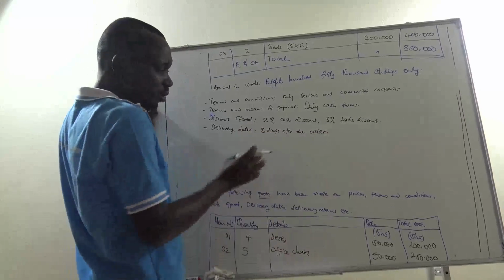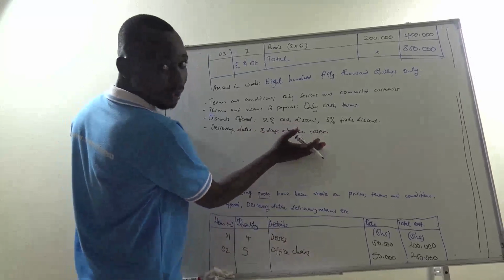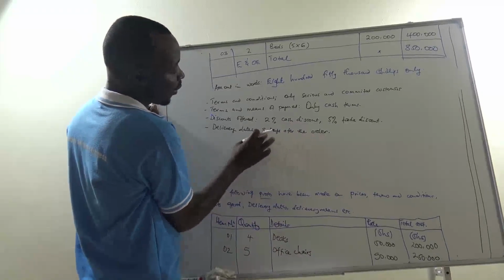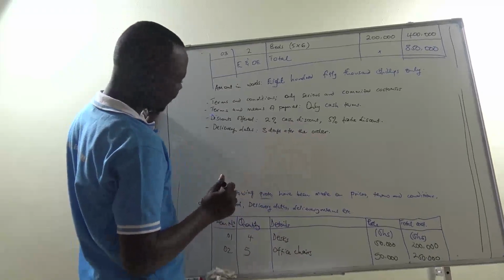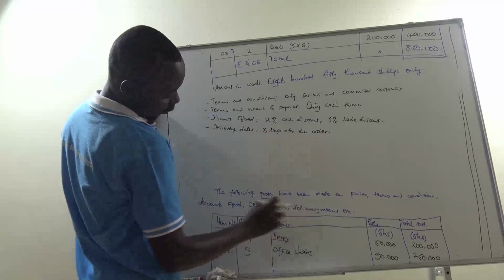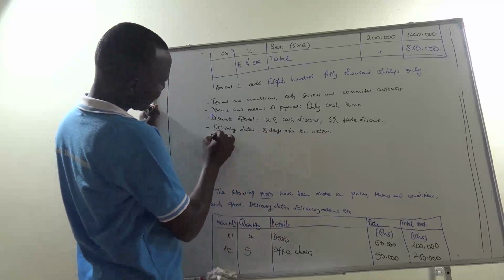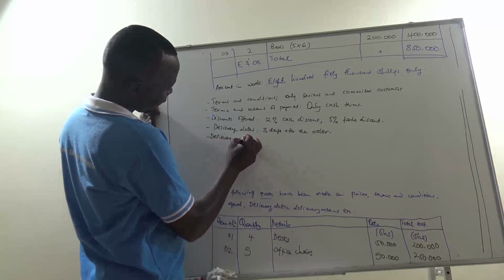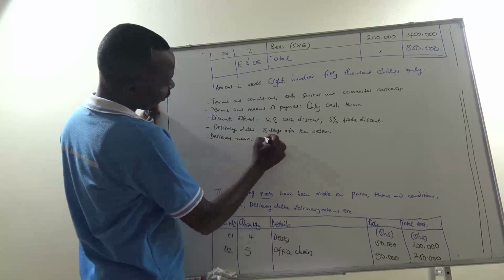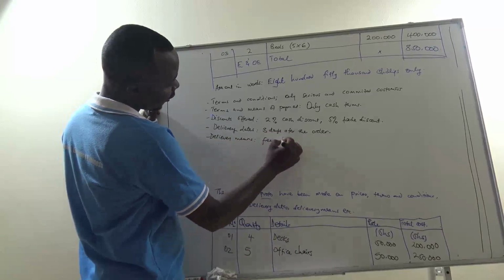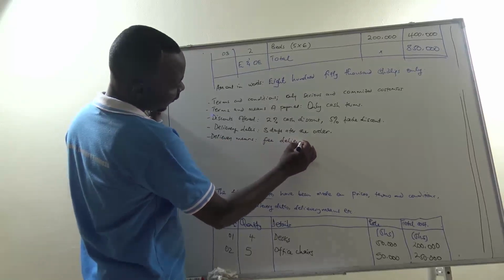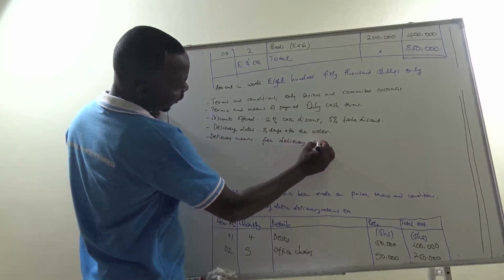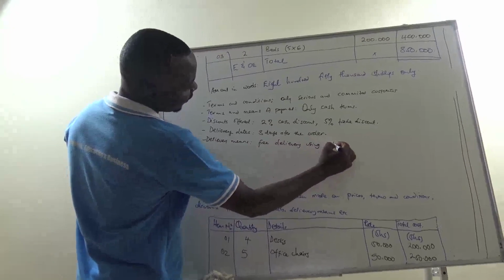So this is a guiding thing. So it is not compulsory that you cram 3. No. Then another was delivery means. You can say free delivery using a business van.